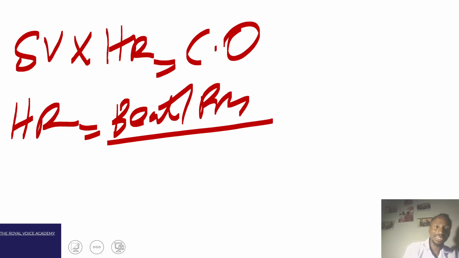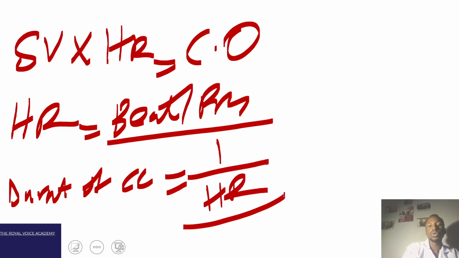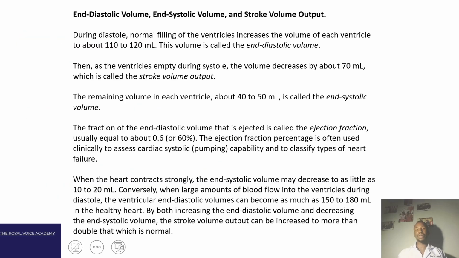For you to know the duration of the cardiac cycle, you simply take the inverse of your heart rate. So these are equations that you need to know because they will be forming the foundation of our next lecture.